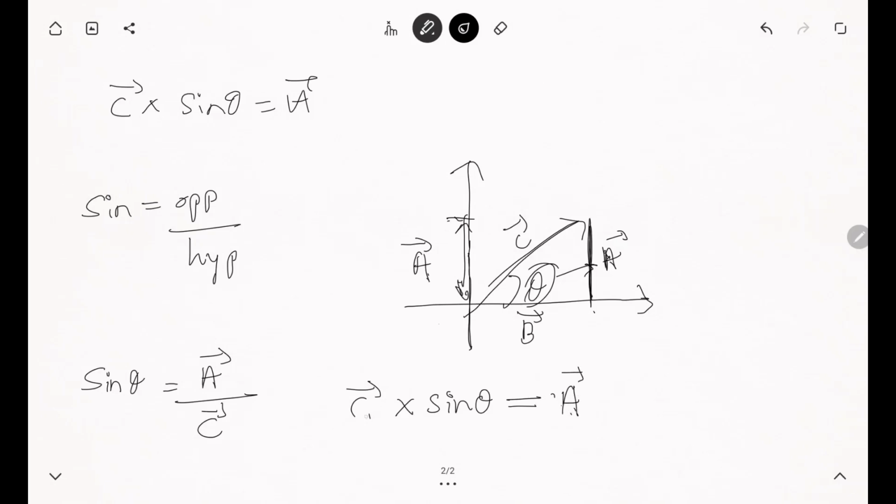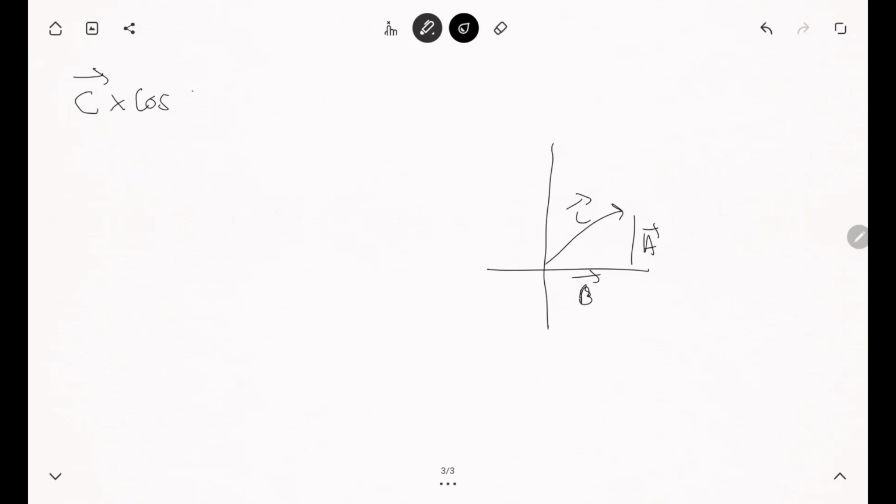Now again, similarly we can split b vector as well. So again, let me just put this up here. This is a vector, this is b vector, this is c vector. All right. So c vector times cos theta will give us b vector. So how?